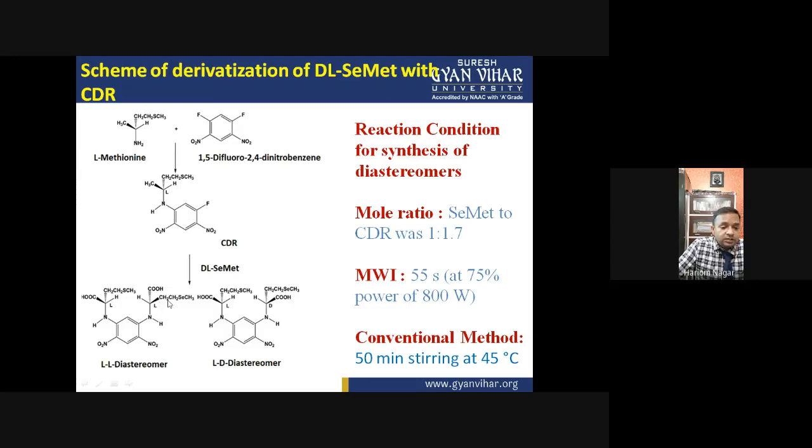So here this is the hydrophobic group, the carbon-10 containing group, and this is a hydrophobic group. So here the hydrophobic groups and the carboxyl group are present in the same plane with respect to the plane of this ring, the DNP ring.